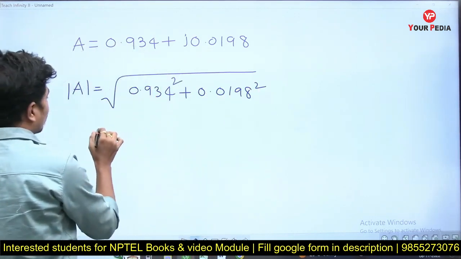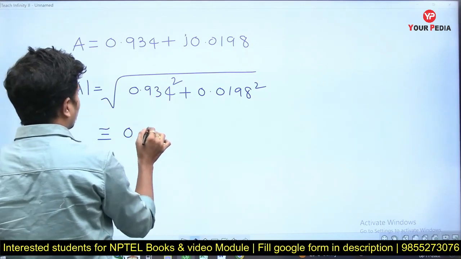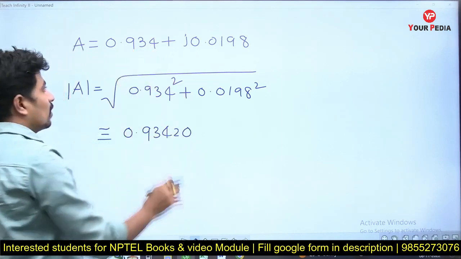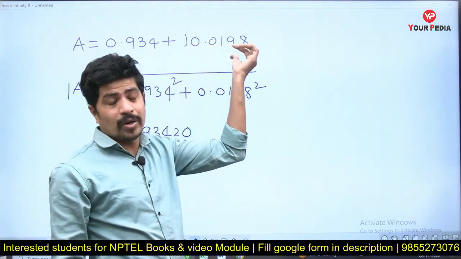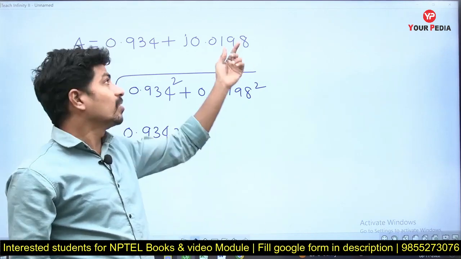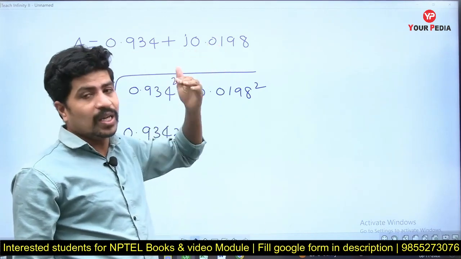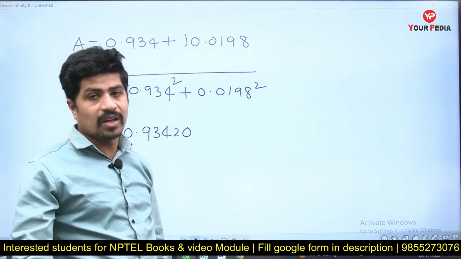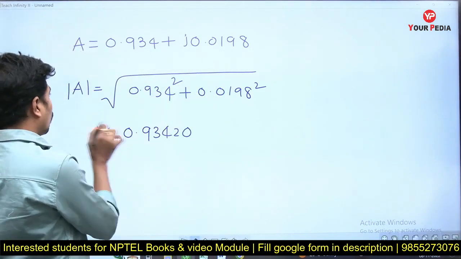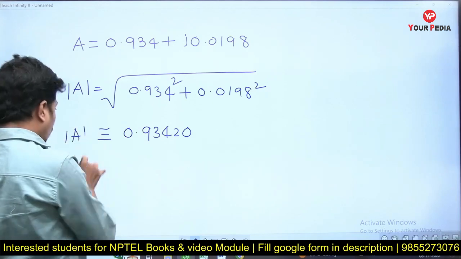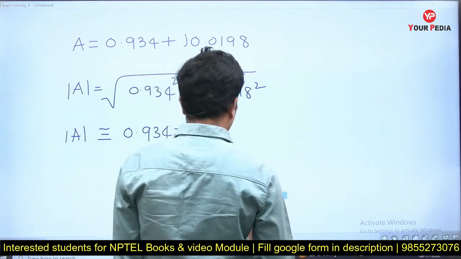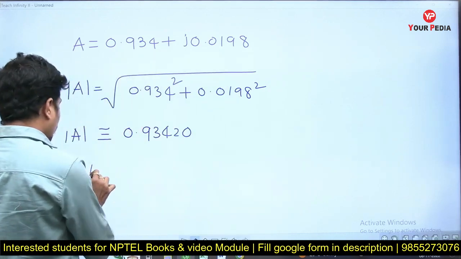You are going to get approximately 0.934, almost the same as this part, because the imaginary part itself is very small. No need of a calculator for calculating the magnitude of A. If you square this one, it decreases further. Therefore we get 0.934 as the magnitude of A.